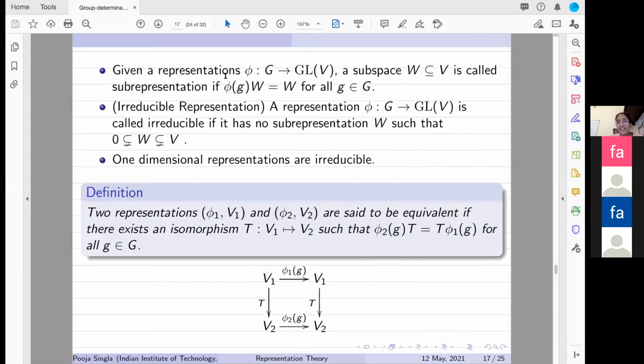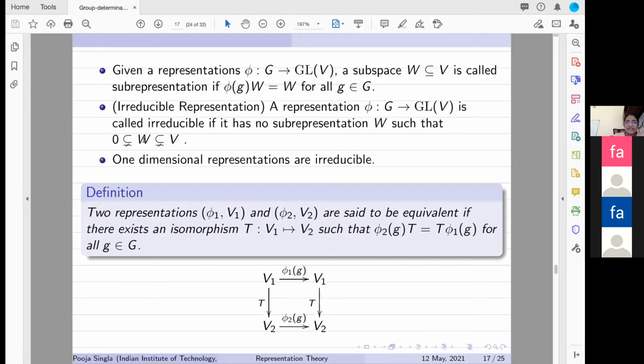So given a representation phi from G to GL(V), a subspace W contained in V is called a subrepresentation if phi(g)W is equal to W for all g in G. That means W is G-invariant. So if I take a g, the action of g on W takes it to W. Okay, and I say a representation is irreducible if it has no proper subrepresentation.